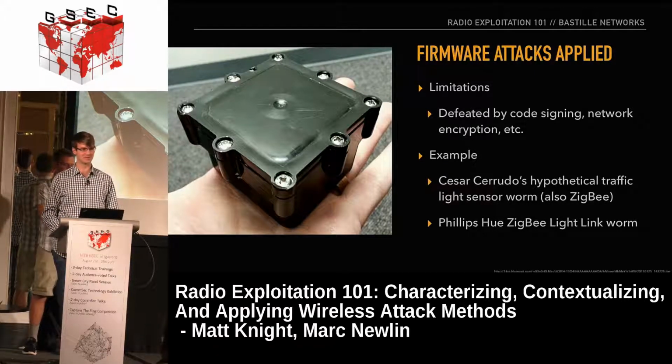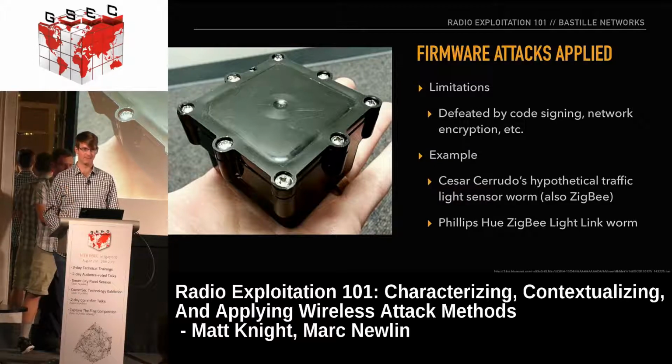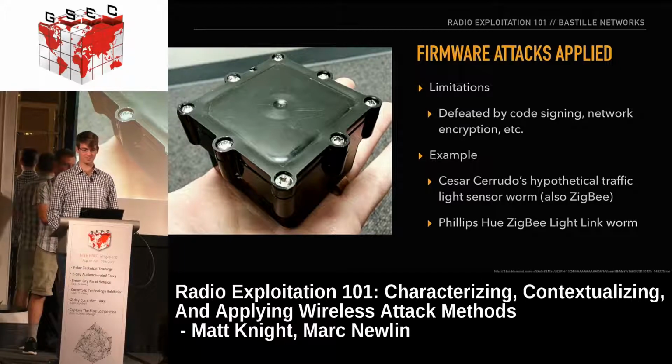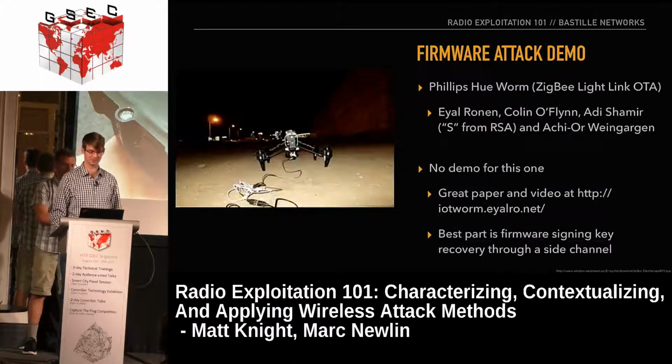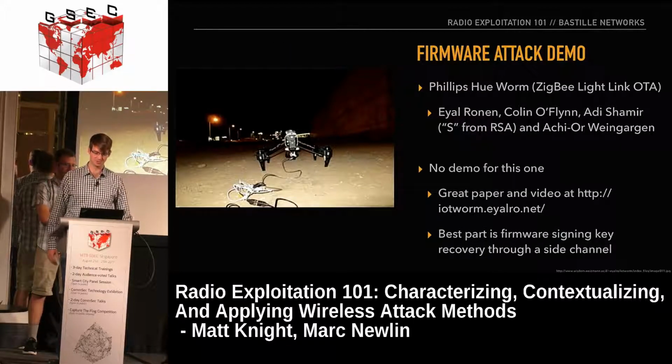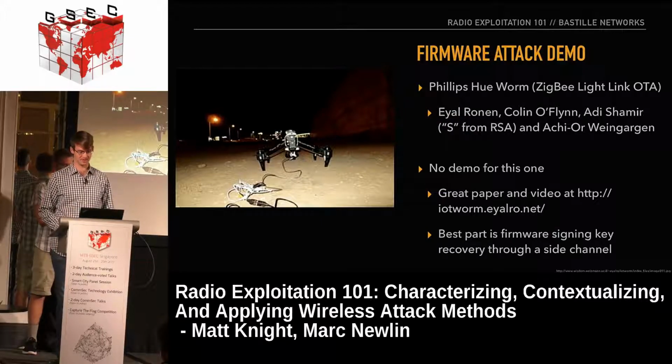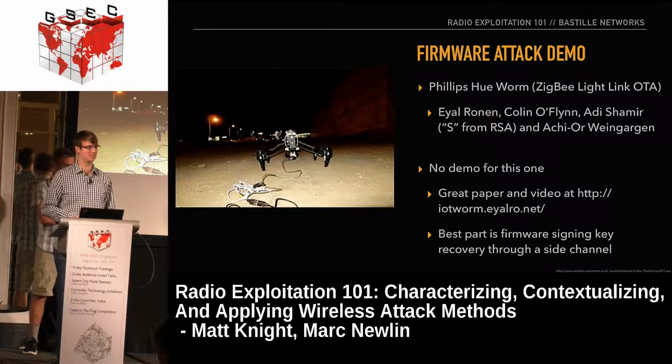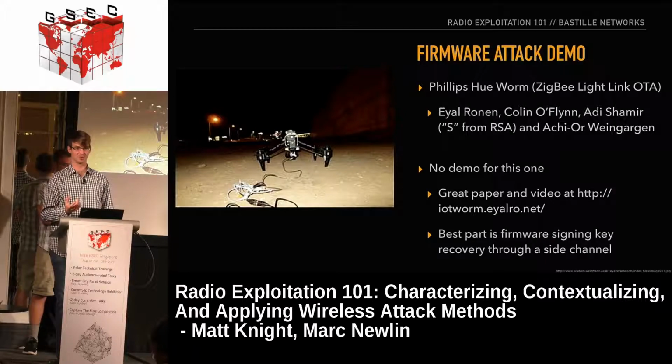However, an attack that was demonstrated just about a year ago actually went that next step and demonstrated the worm in reality. And that's the worm that targeted the Philips Hue Zigbee lights. This was put together by a team of researchers. It was really impressive work. Essentially what they did was they were able to break the firmware signing mechanism that Philips uses to protect their secure boot images.